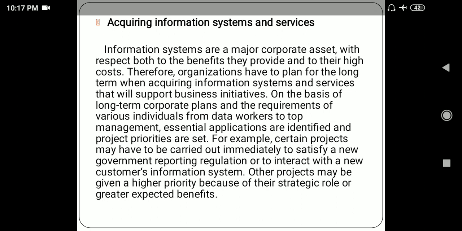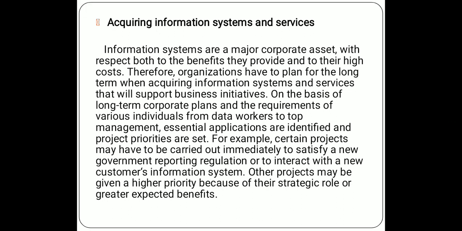The final one is acquiring information systems and services. Information systems are a major corporate asset. They represent both benefits and high cost. So the organization has to plan for the long-term acquisition of information systems as well as services to support the business.